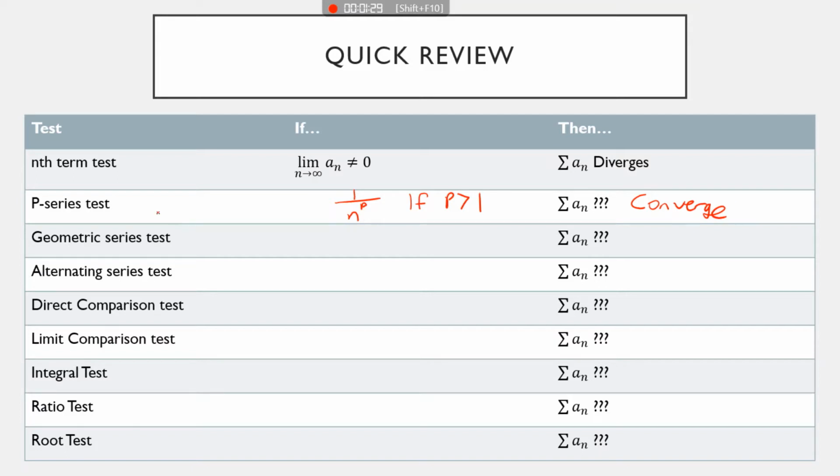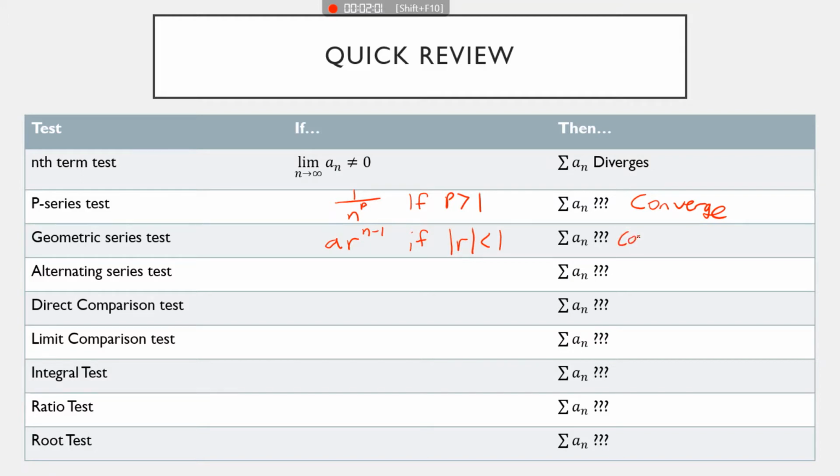Okay, how about our geometric series? It's a times r to the n, and then if r is between -1 and 1, then it converges. Okay, if r, you said, is between -1 and 1, so the absolute value of r is less than 1, and if that's true, we'll converge. We can be a little bit more specific.